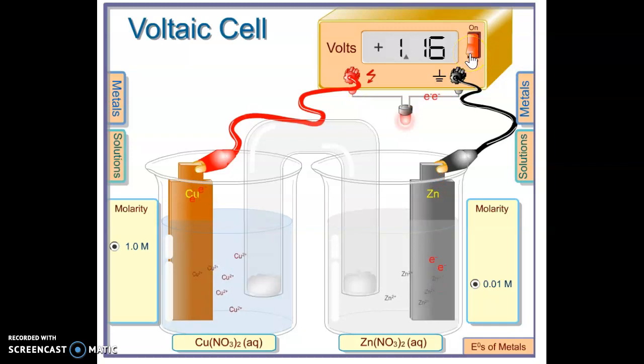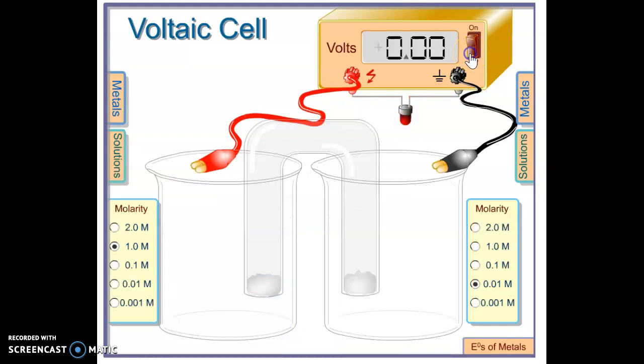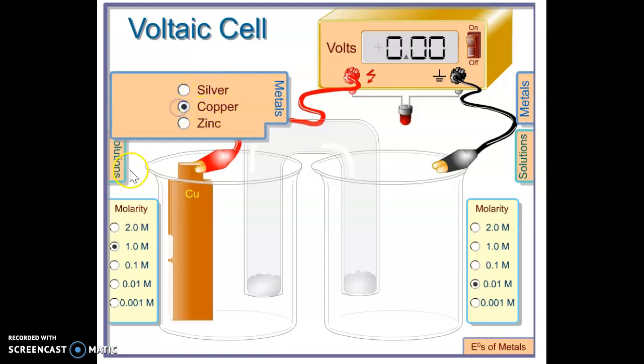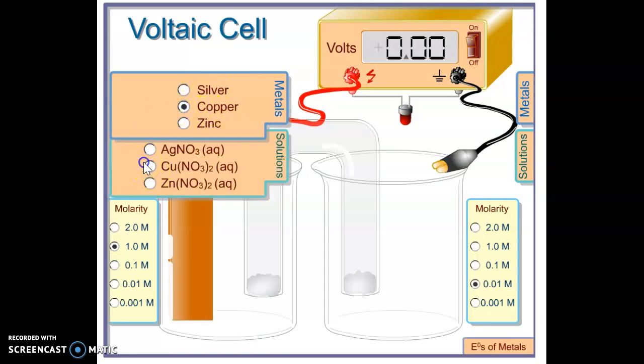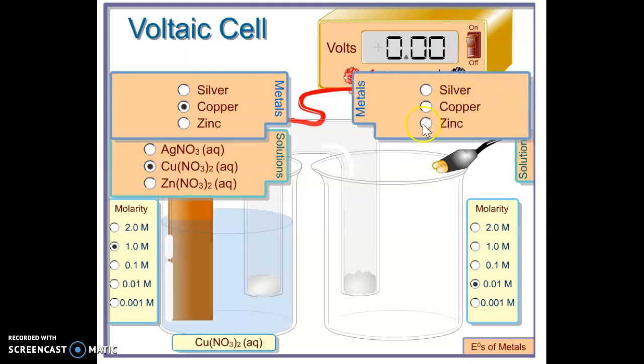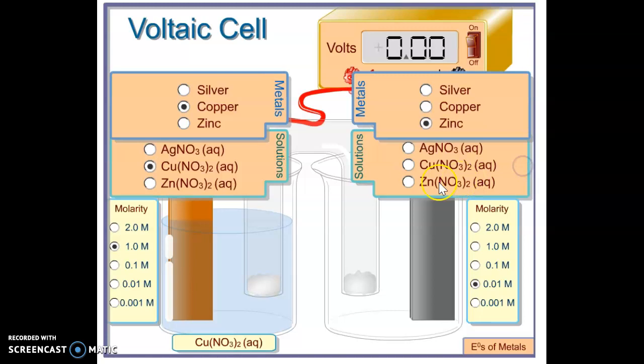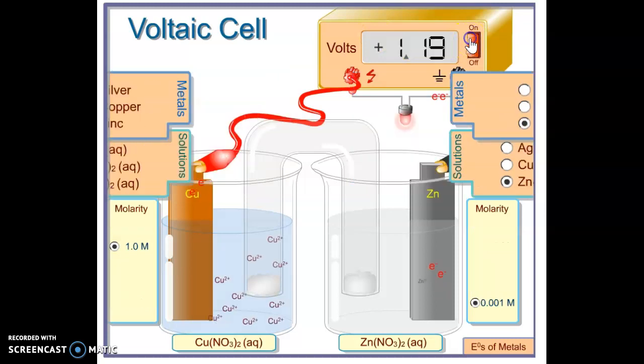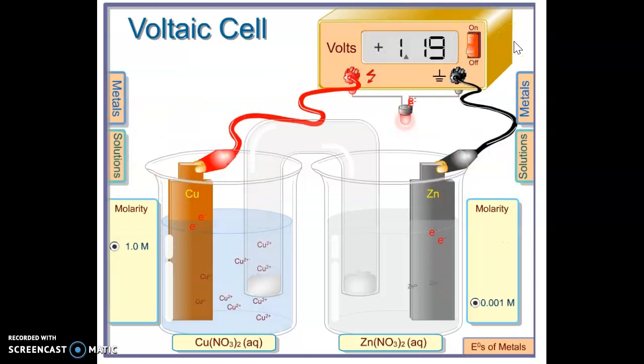Write down your observation. And then we'll do another setup with copper and copper 2 nitrate at 1 molar and zinc nitrate. And we're moving on down to 0.001 molar. Okay.